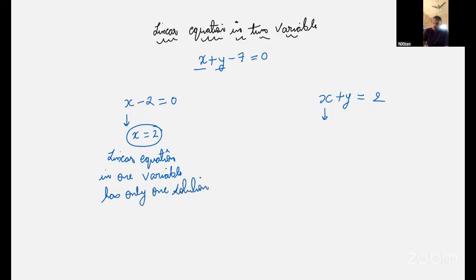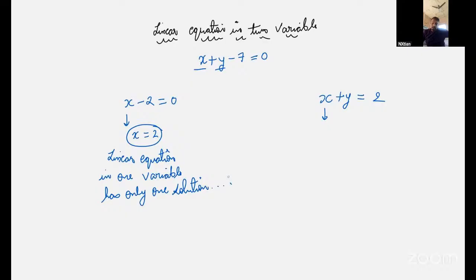Has only what? One solution, not more than one. Means x is equal to 2. Are you getting this? Say yes or no. Everyone got this? Say yes or no. This is a linear equation in one variable.